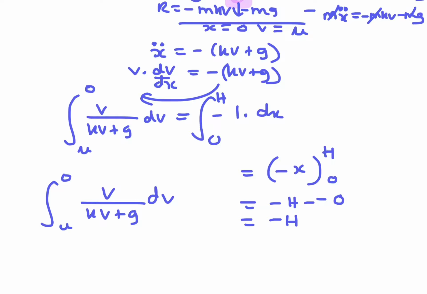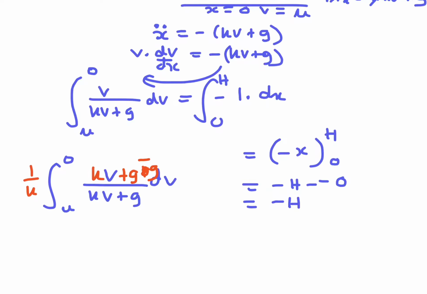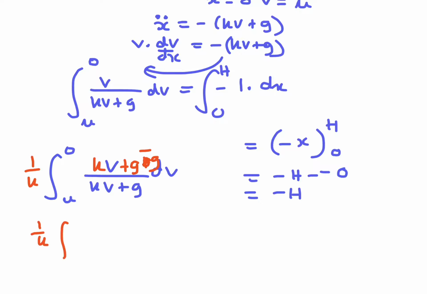So what we need to do is put the k in there, and I'm going to try and create the denominator. And then you go minus g plus g. Plus g minus g. So that means that you have 1 on k from mu to 0 of 1 minus g over kv plus g dv equals minus h.